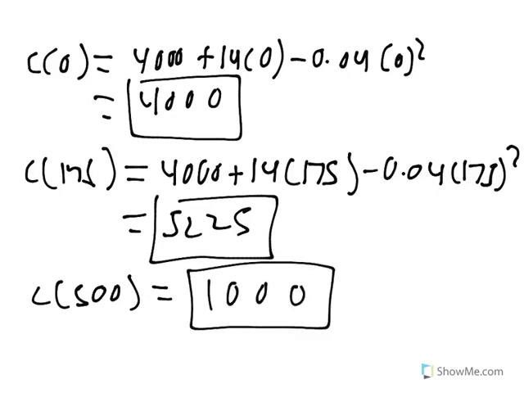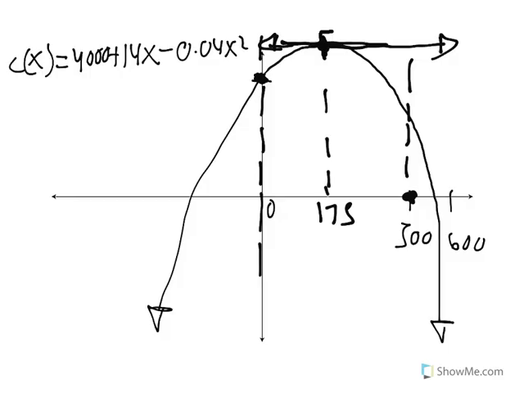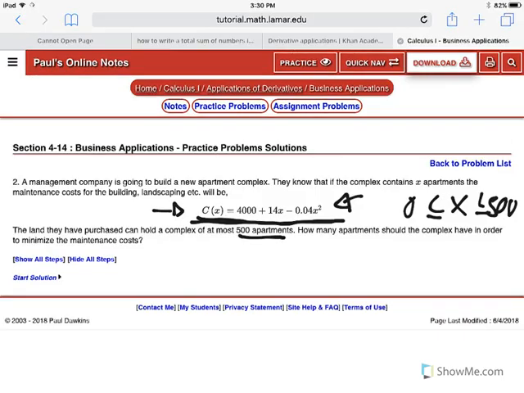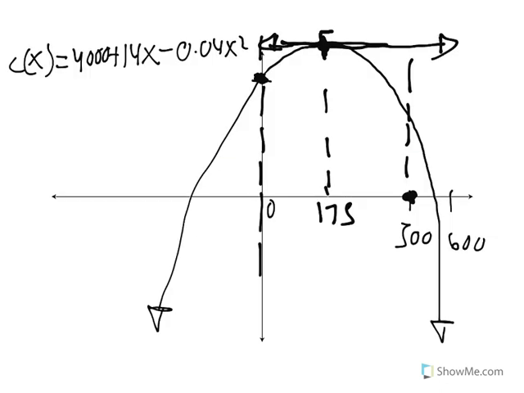So now comparing these, you see that when the number of apartments equals 500, the function is minimized. So the answer to this question, how many apartments should the complex have in order to minimize the maintenance costs, would be 500 apartments. And if you look at this function, it makes sense because we're restricting it from 0 to 500.